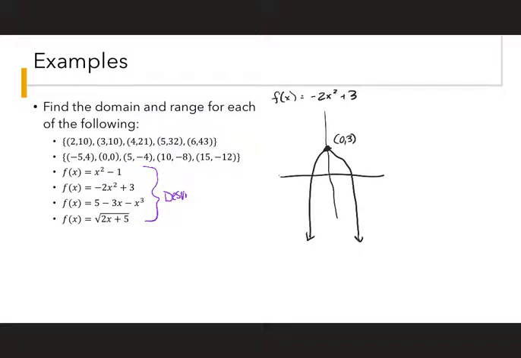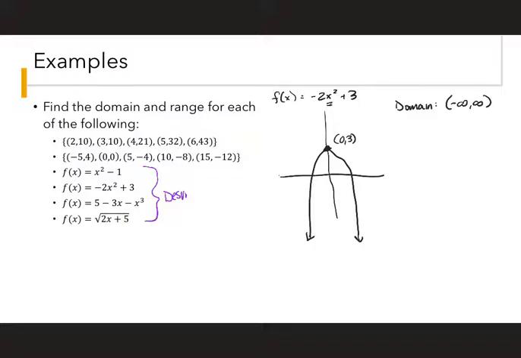So if you look at this algebraically, the domain for quadratics is always all real numbers. There's nothing that I plug in there that's going to cause any sort of problems or issues. So if I have a quadratic, it's all real numbers. No thought, no thinking, no algebra, no effort. Just if you see a quadratic, everything's game.